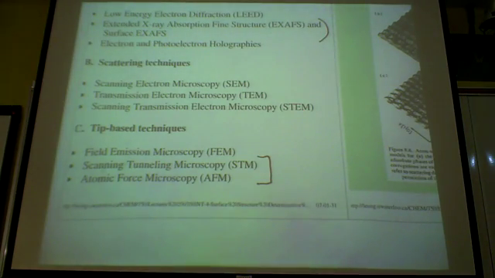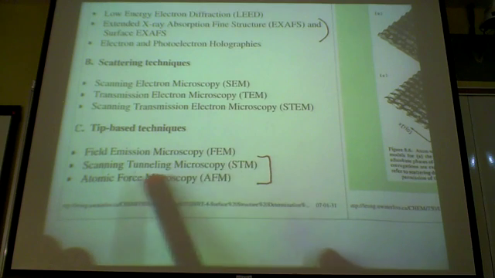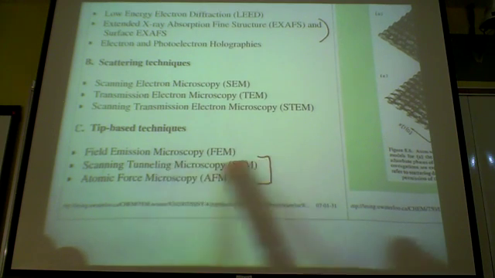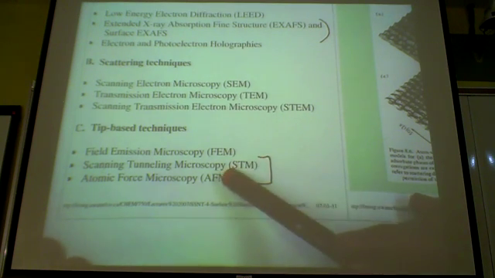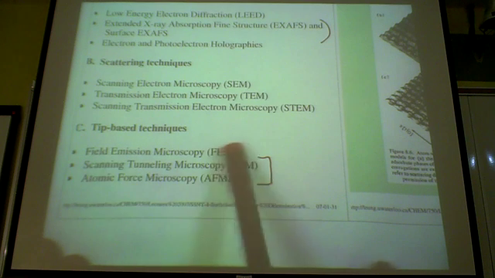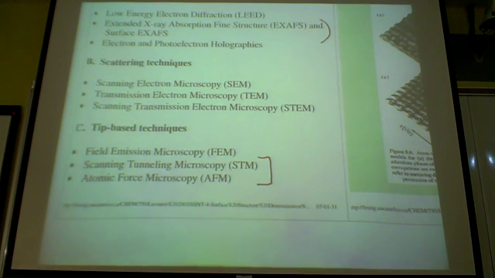Then finally, the third type is tip-based techniques. First of all, you have the scanning tunneling microscope, STM, and related techniques, atomic force microscopy, which also uses a tip. And then, of course, from the early days there is field emission microscopy, which people have overlooked, but it's been used since the 60s.